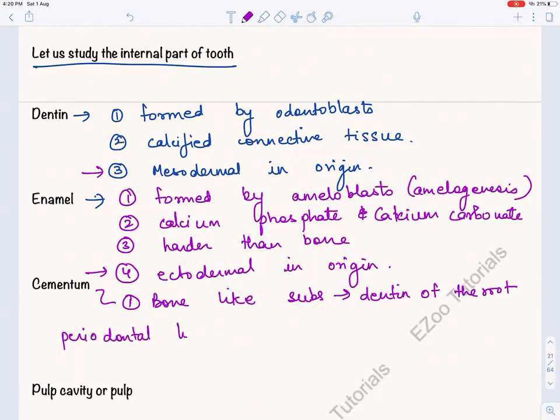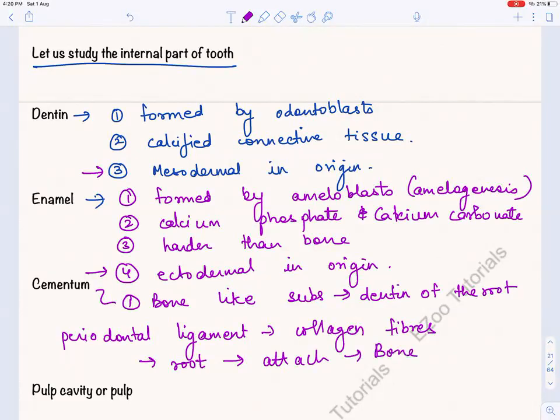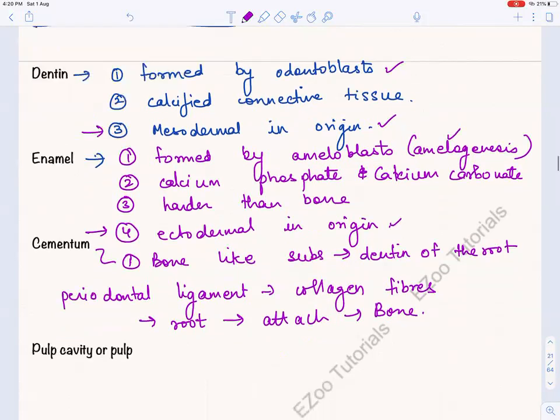And what is this ligament doing? This ligament is made up of collagen fibers, and it helps the root to attach to the bone. Very easy to understand. Few things to remember: odontoblast, mesodermal, ameloblast, ectodermal. Just read all these things.